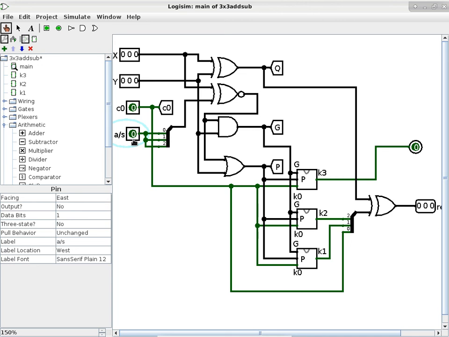Makes sense, right? So we can now test the next one, 0 minus 1. 0 minus 1 should give us 1, 1, 1 as the result with an overall borrow. So we specify a 1 over here, and we do get 1, 1, 1 as the result with an overall borrow.